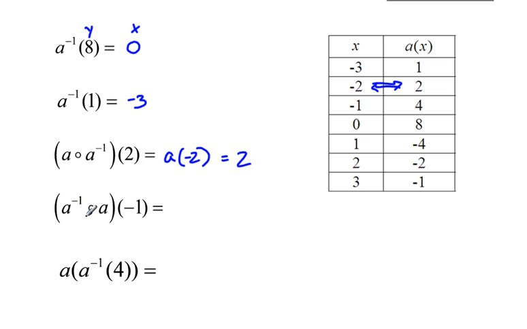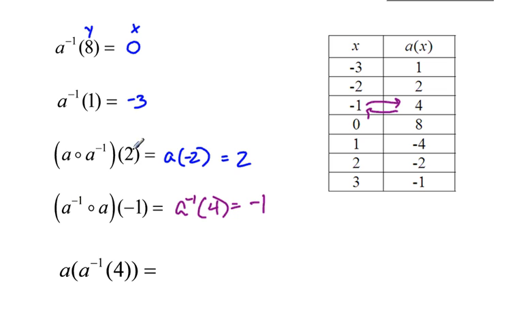Let's try another one. Here we have a of -1. So now this is, by the way, not inverse. So we're starting with a of -1. So a of -1 gives me 4. And now I do a inverse of 4. And that brings me right back to -1.